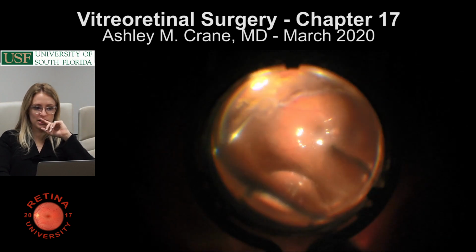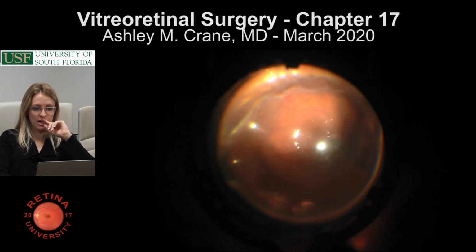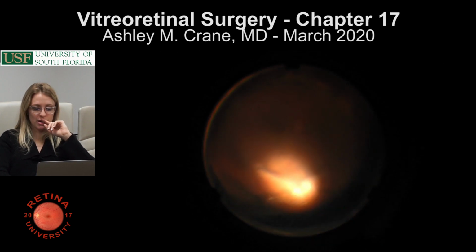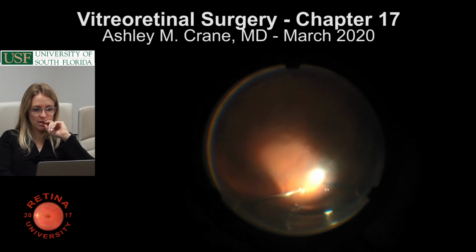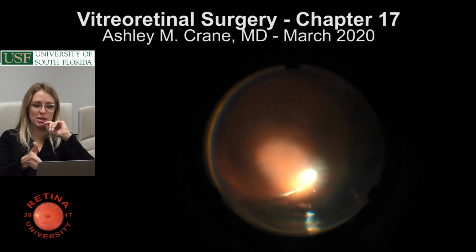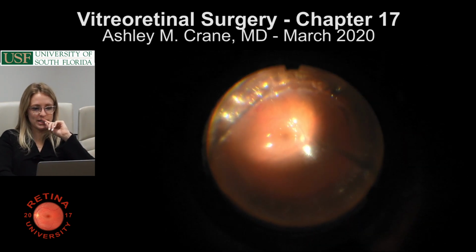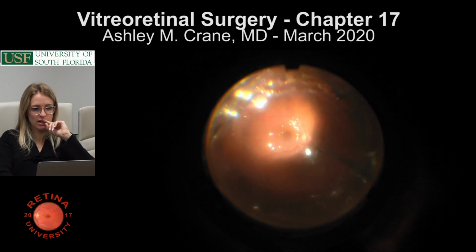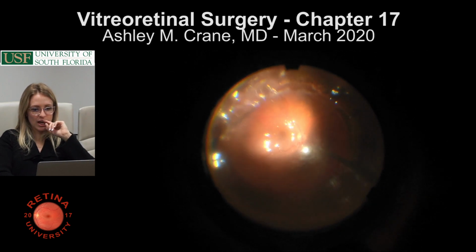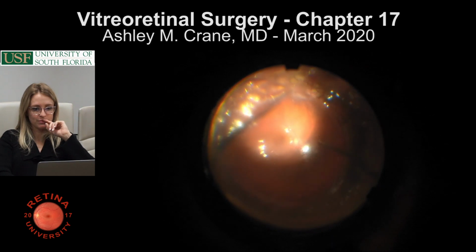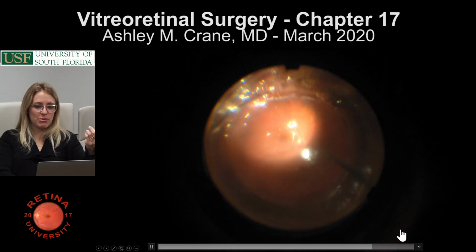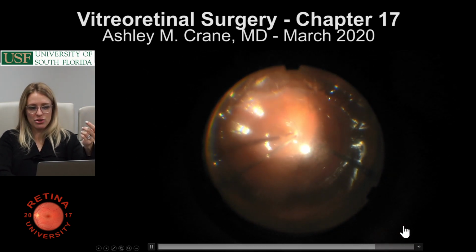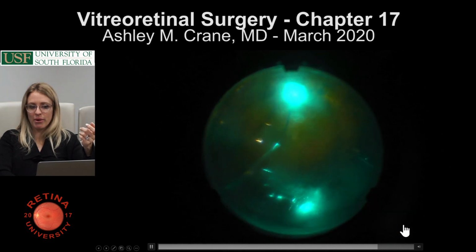So the visualization is sometimes very difficult, but we are basically going to drain all the fluid out so it's nice and flat, and then it's going to be lasered. So this is after, you can laser it under the PFO or after the PFO is taken out. So there's laser, and then oil's going in. And this is the end where we're taking all the air out. And we're suturing our sclerotomies because you don't want oil subconj, it's not a good look.